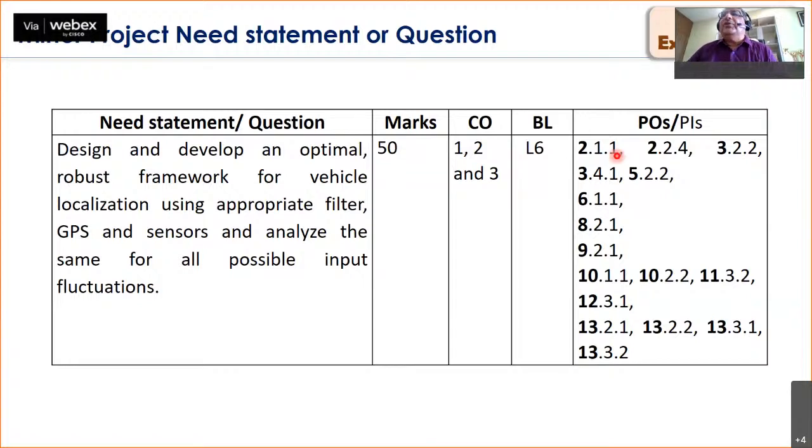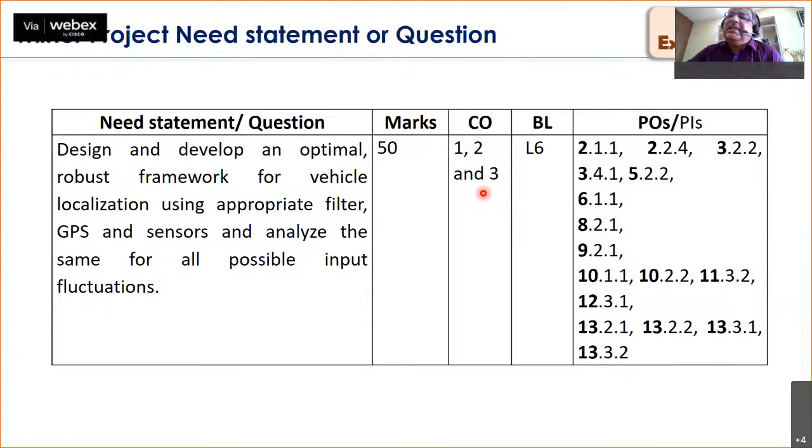Is the CO independent of L6? Here, all 3 COs are addressed in doing this project. The highest level is L6. So even though L1, L2 may be of different levels, ultimately when you do a physical model, at L6 level you are creating something.